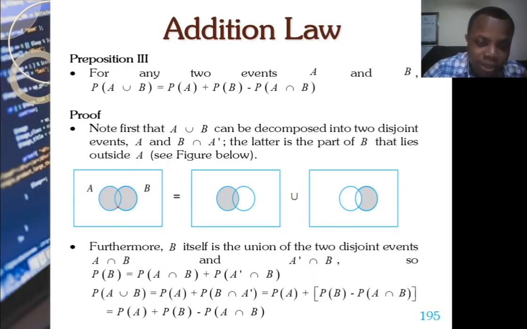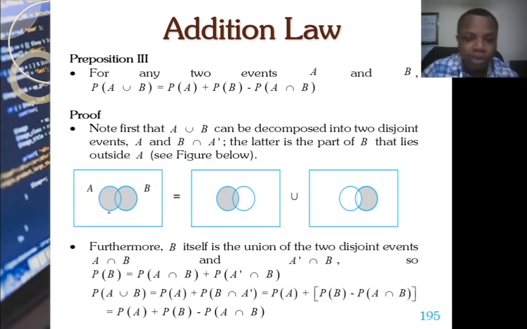So for us to do that, it implies that we have to take away this probability of A intersection B. So this is just going to negate one part of this so that there's not going to be a double counting.